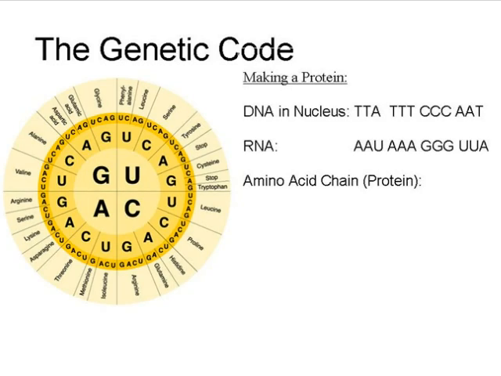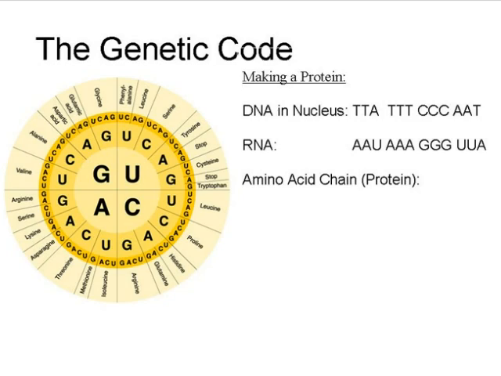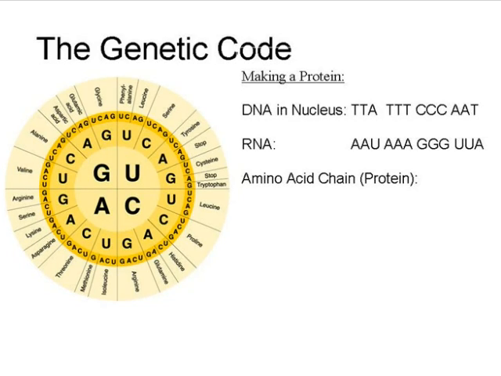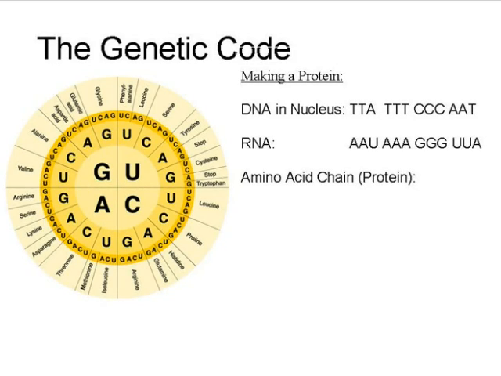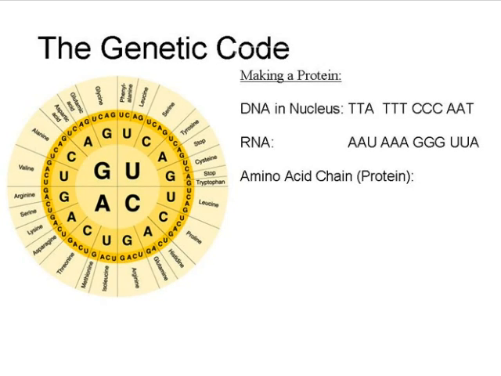The fourth and final codon is UUA. Now that you've gotten the correct RNA sequence, see if you can't get the correct amino acid sequence using the RNA codons. Pause the video to give yourself time to complete this activity.